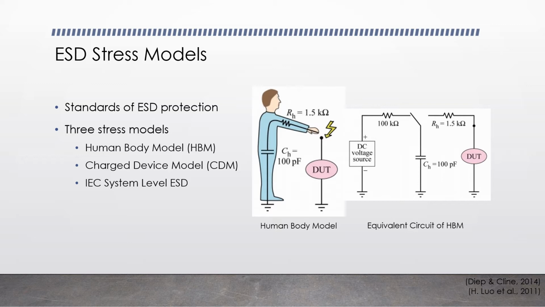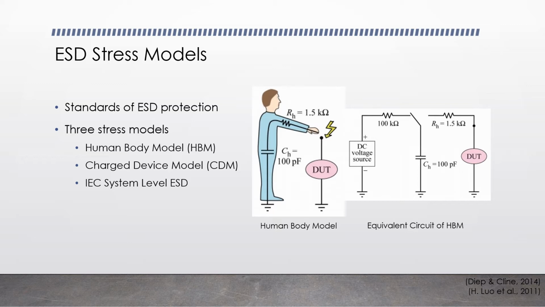The Human Body Model is a component-level stress developed to simulate the action of a human body discharging accumulated static charge through the device to ground, and employs a series RC network consisting of a 100 pF capacitor and a 1.5 kilo ohm resistor.